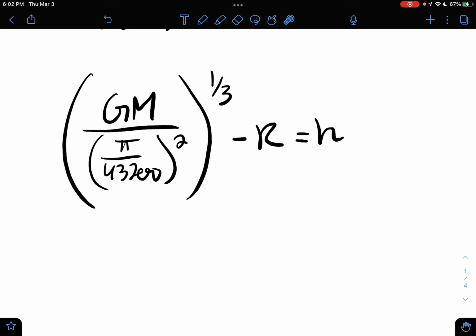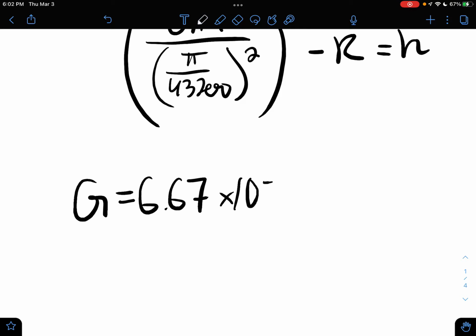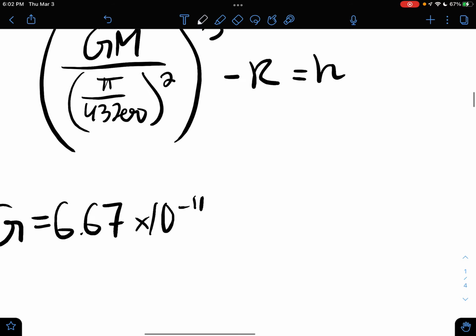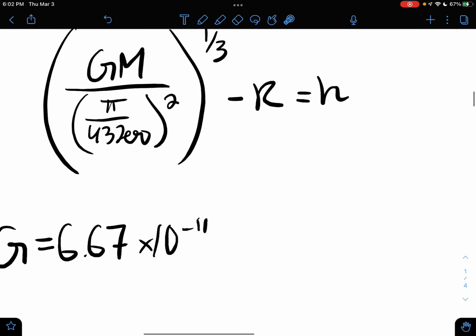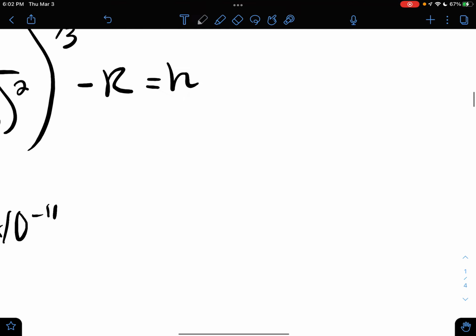We have an expression for h in terms of things that we hypothetically know. Obviously we know pi, and that makes our omega. Now we have our universal gravitational constant, which is 6.67 times 10 to the negative 11. We have our radius of Earth, and since we're using everything in kilograms and meters, make sure we have it in meters.